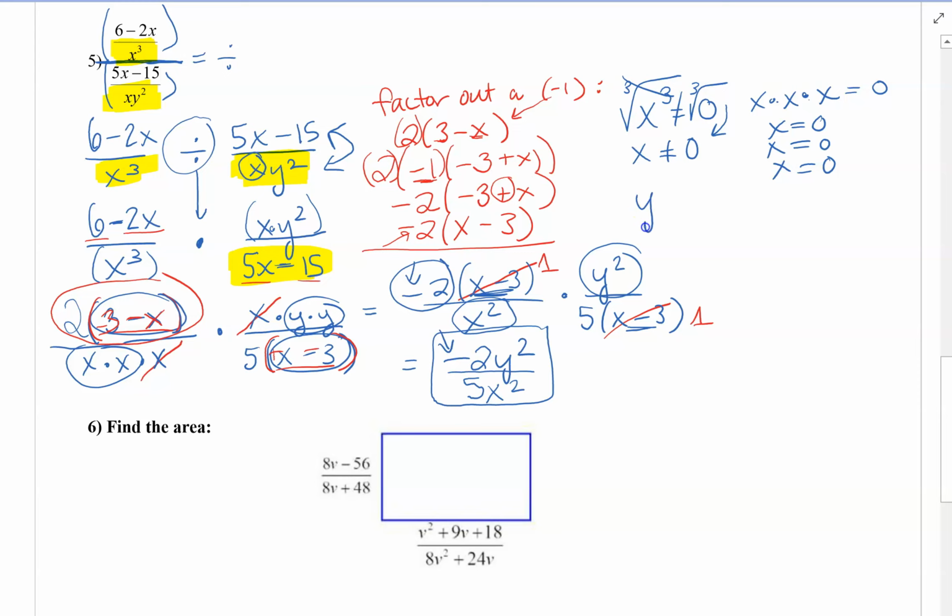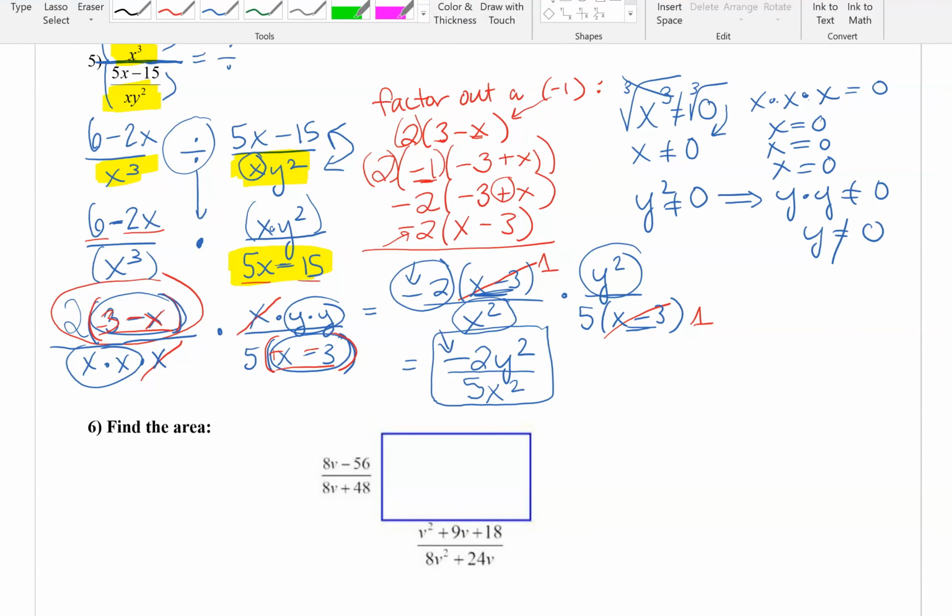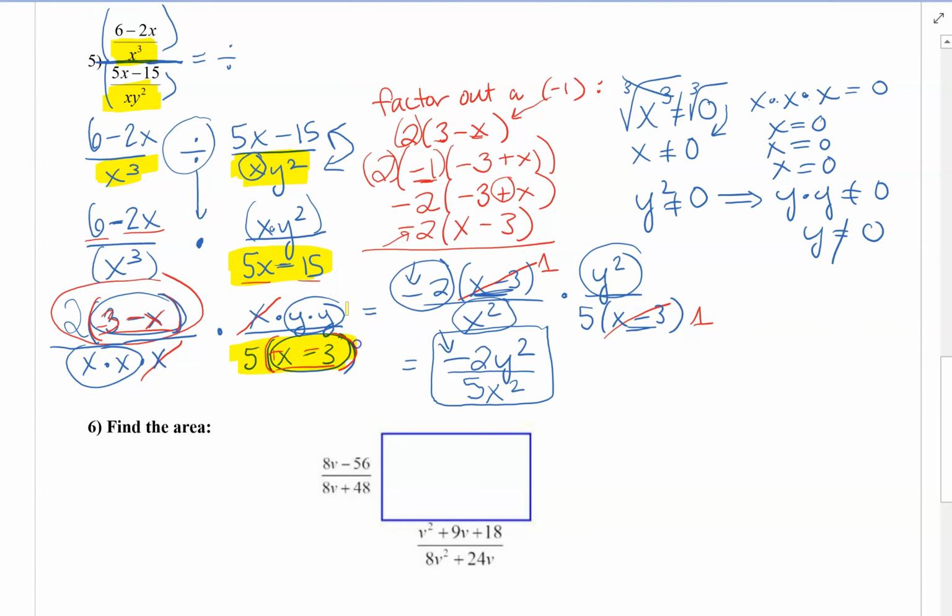So that already takes care of this x from that other denominator. We also have y squared can't be 0, right? So what does that imply? That implies y times y cannot be 0. What does that imply? That implies that y can't be 0. Then the 5x minus 15, if you remember when we factored that, it was 5 times x minus 3. So I have these factors of 5, but 5 already can't be 0, right?